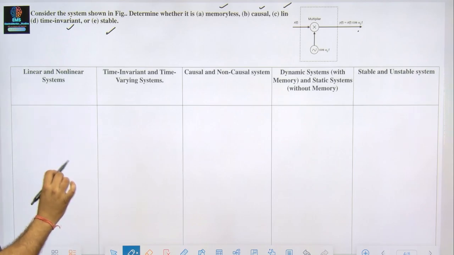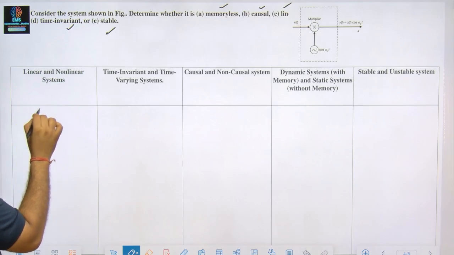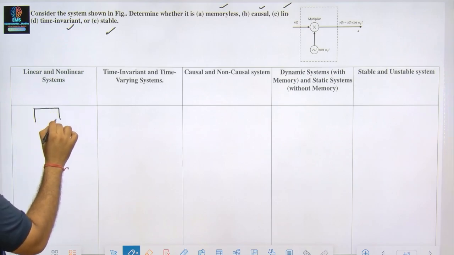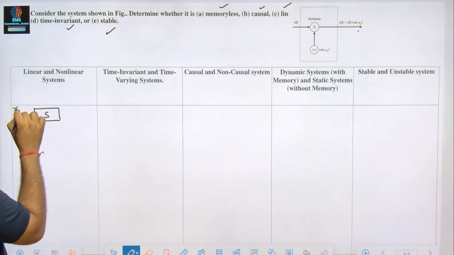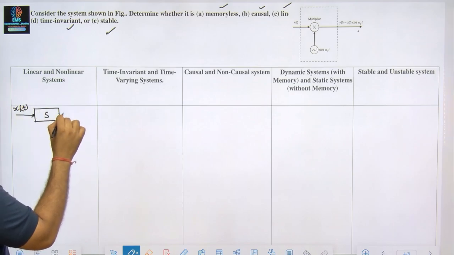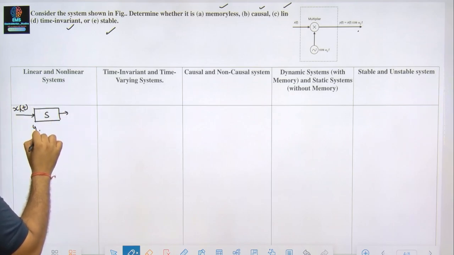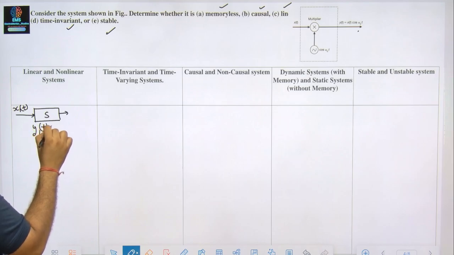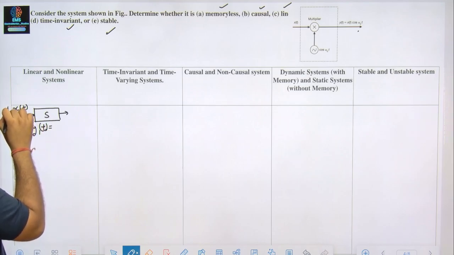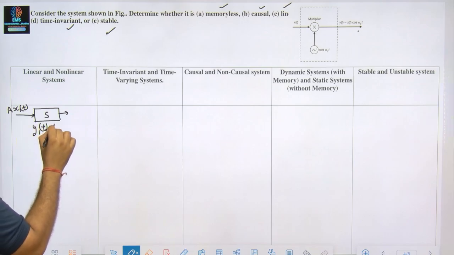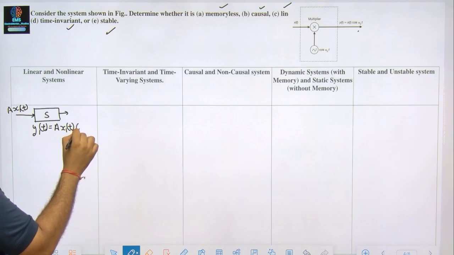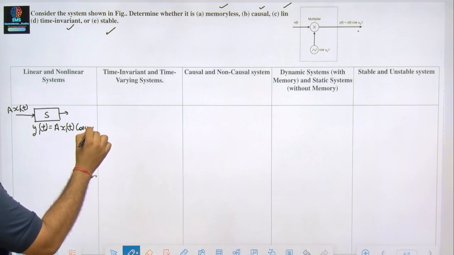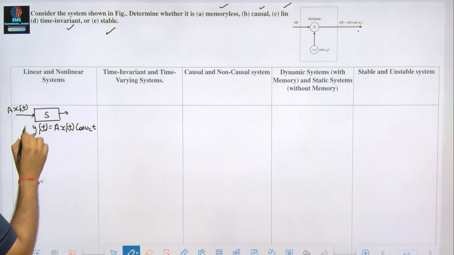So linearity, if you want to prove, just do one thing. Let's take this system as S and I have given an input x1(t). So what would be my y1(t)? My y1(t) will be, let's put homogeneity as well, a x1(t) cos(omega c t) is my output.